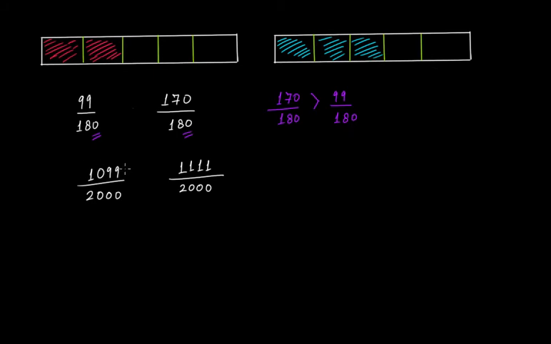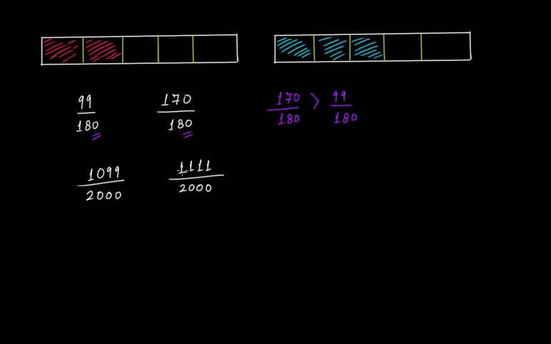I'm talking about 1099 shaded portions of this block, and 1111 shaded portions of this block. So this fraction is representing 1111 shaded portions out of 2000, and this fraction is representing 1099 shaded portions out of 2000 equal parts. So which number will be greater?